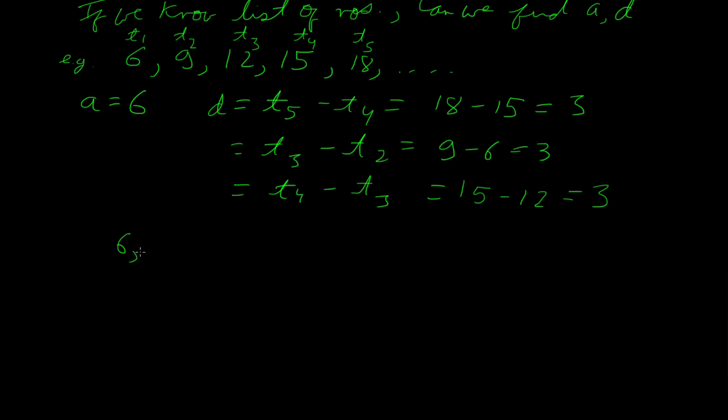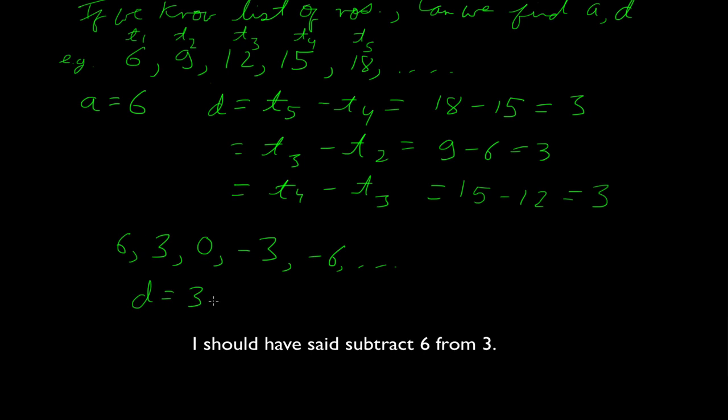So be careful: if we have something like 6, 3, 0, -3, -6, then to find D, you have to subtract 6 from 3, that is 3 minus 6 equals -3, and not 6 minus 3 equals 3. This would be wrong.